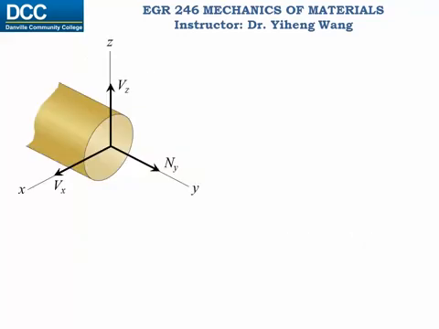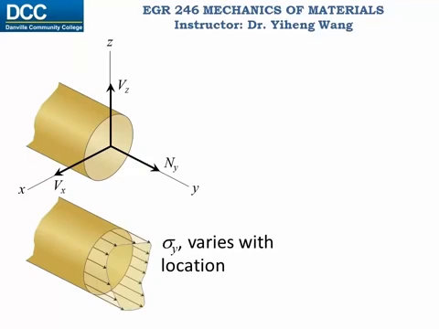Stress is a variable. Here, let's look at the normal stress. It changes with location across the cross-sectional area. The integration of the normal stress over this area equals the normal force. Stresses are tensor quantities. Therefore, the actual normal stress distribution is complicated and also beyond the scope of this course.